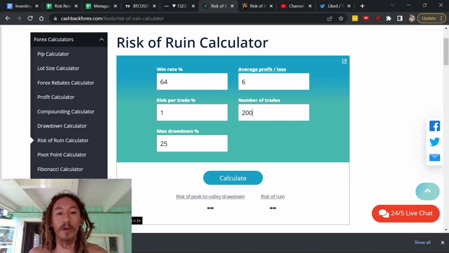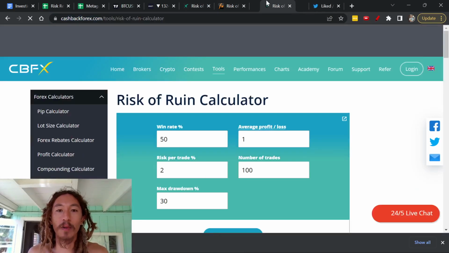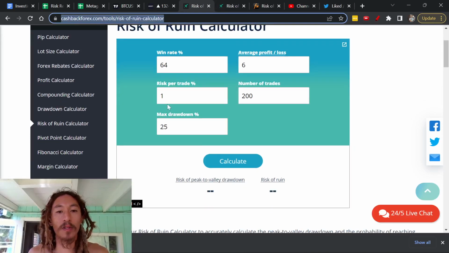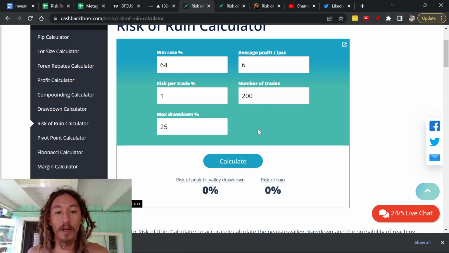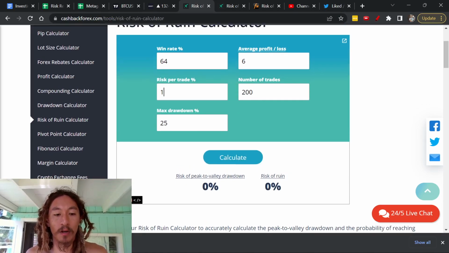I don't want to ever draw down 25%. Okay? So we're going to put in the high win rate, and we're going to compare. Let's compare the high win rate with the 6-to-1 risk reward. Okay. There is a 0% chance of anything going wrong, so we can increase our risk.